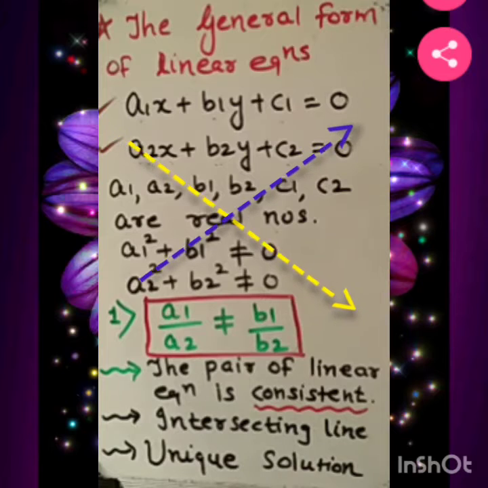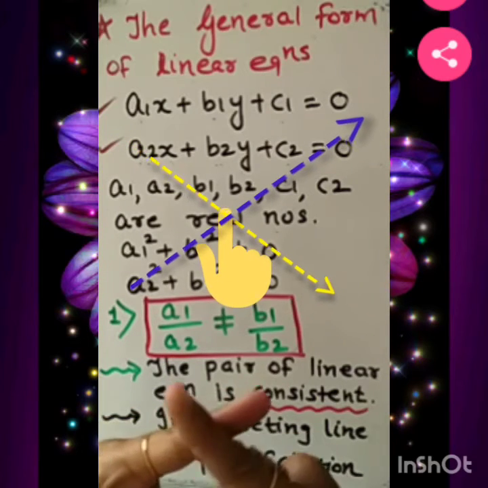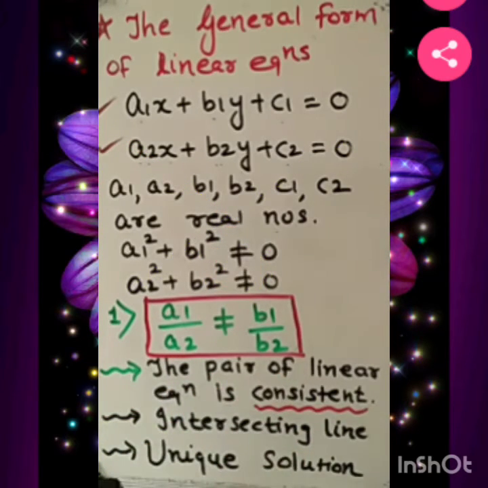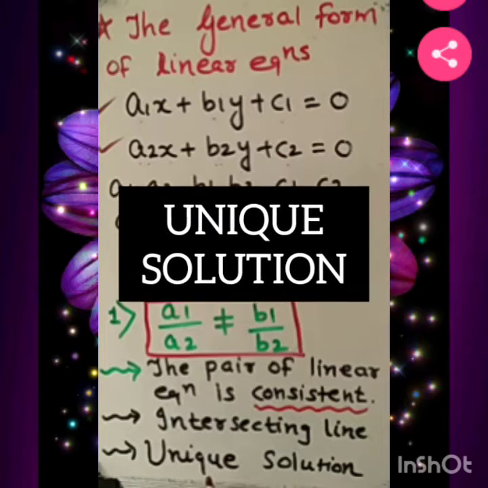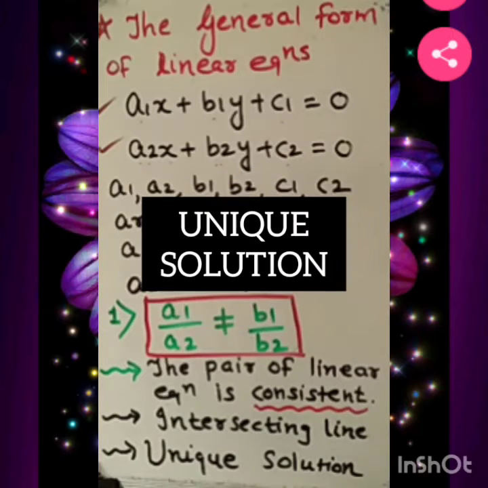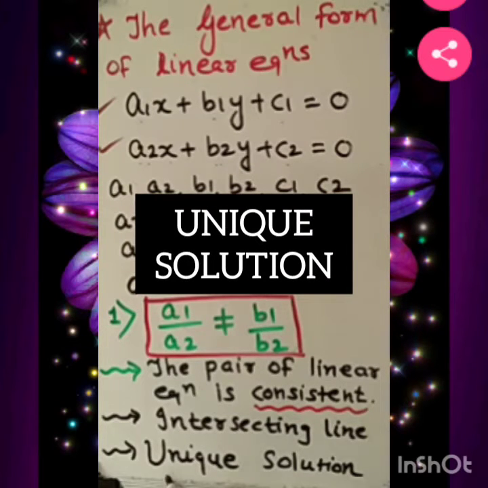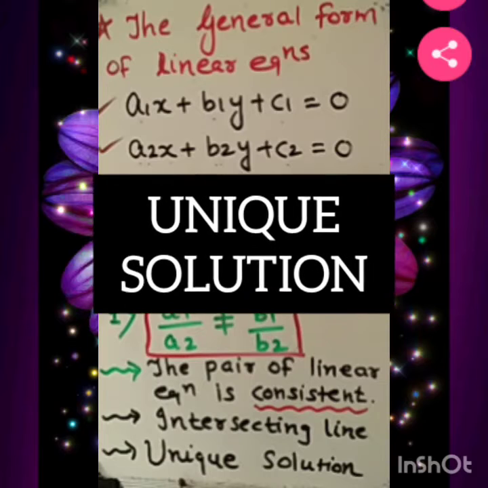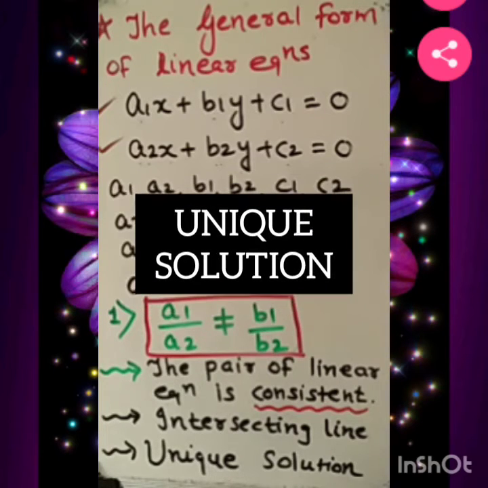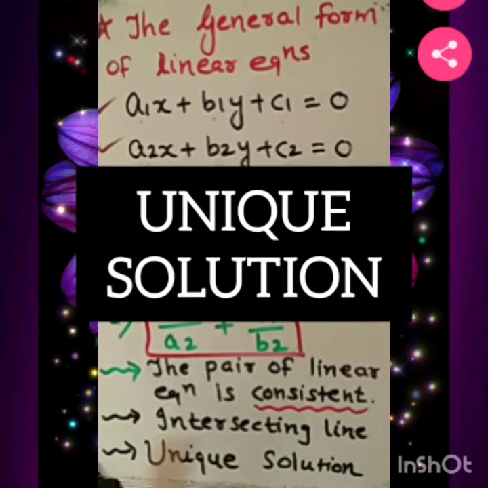And whenever the lines are intersecting, of course they are meeting at a particular point. If they are meeting at one point, that point is called unique solution. Where the two lines are meeting, at that time we are gaining one solution, that is unique solution. So this is first point.